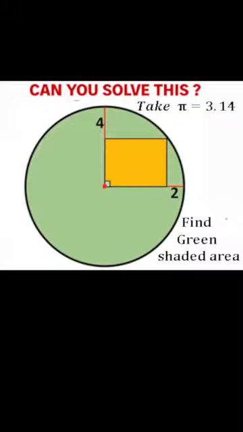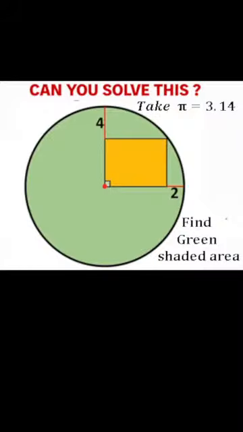We have this question. In this question we need to find out the green shaded area, and I'll consider only the answer which is correct. Black Avenger is a bit late for this question, however his explanation is correct, but this is the next question.